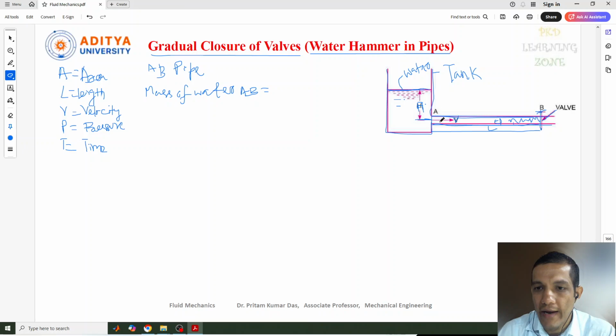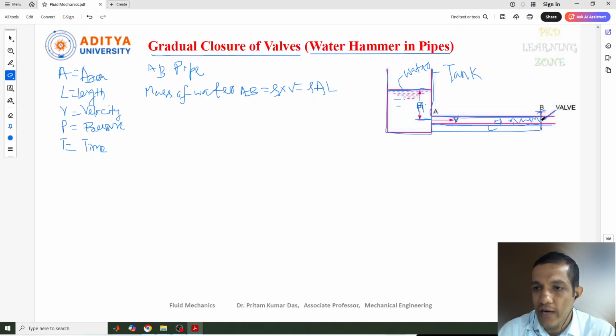The volume is area times length, so the mass is rho A L.